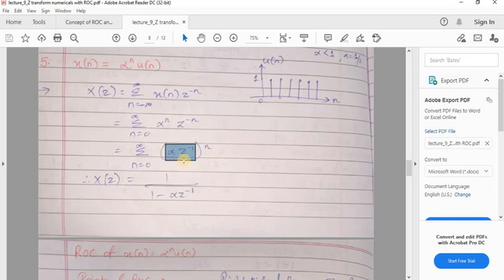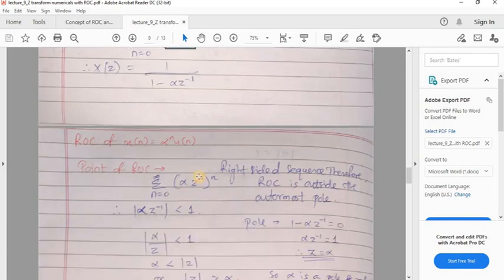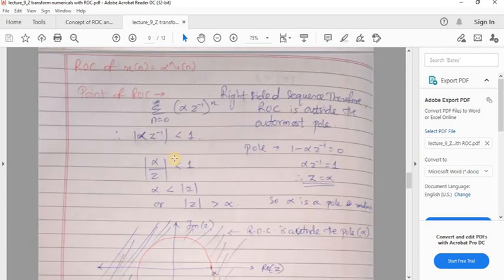I have shown here that this is a right-handed sequence. Therefore, the ROC is outside the outermost pole. Here we cannot take the unit circle because there is a presence of a pole.